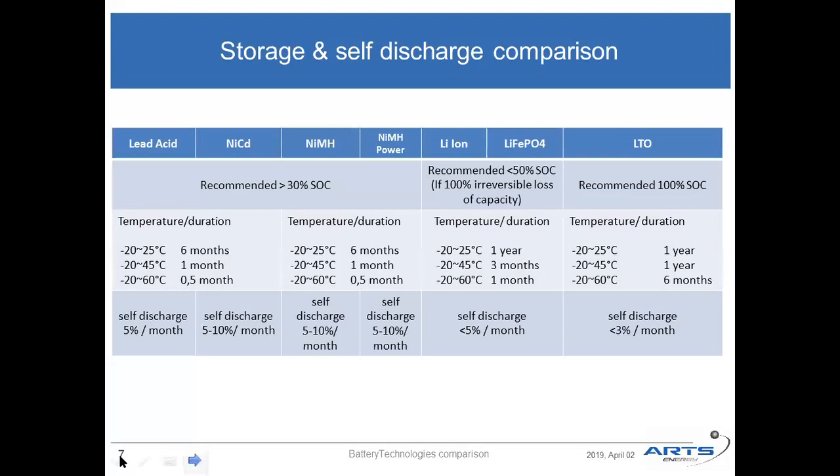The self-discharge, in fact, varies quite a lot from one technology to another. What is interesting to note is that for lithium iron phosphate and lithium titanate, the self-discharge is lower than for the other technologies. So this is where you have very interesting storage conditions.